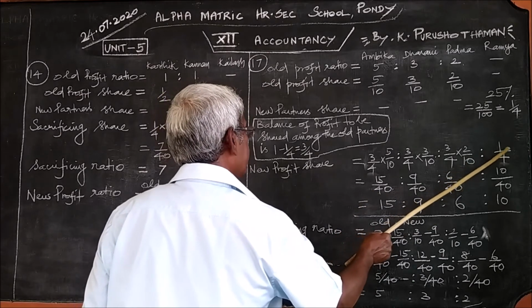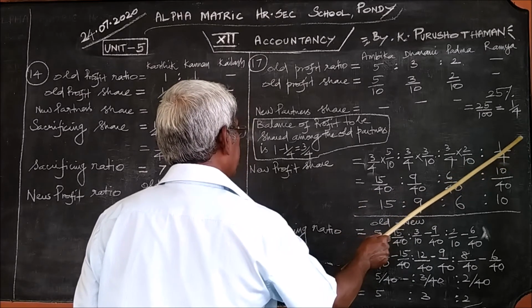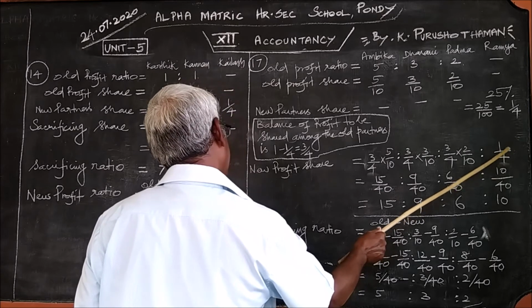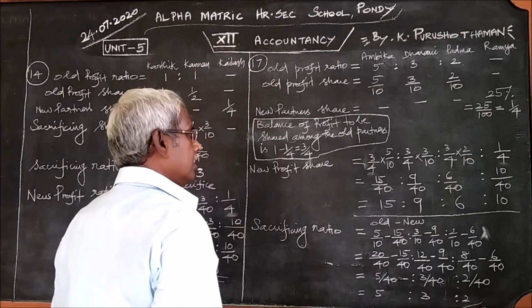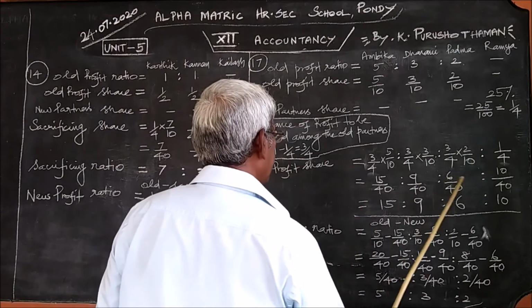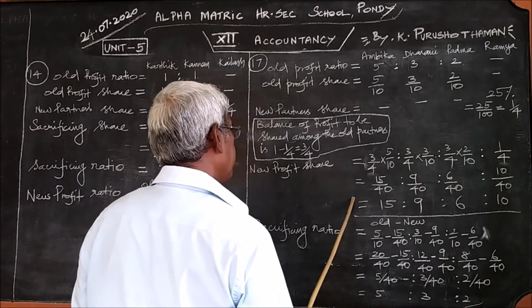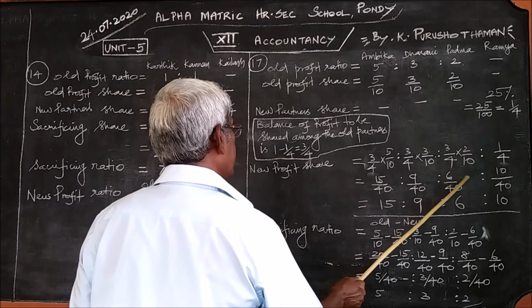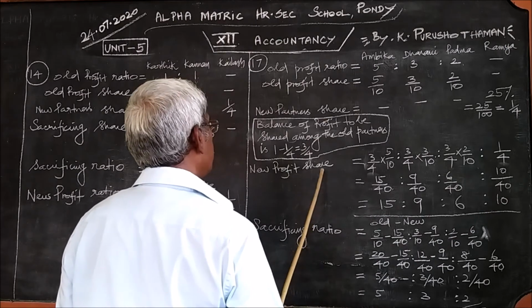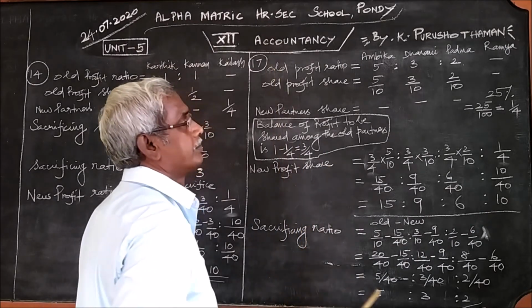So convert this denominator also into 40. Multiply this by 10: 10 into 4, 40. 10 into 1, 10. Now all the denominators are equal, so leave them and write the numerator alone. 15 is to 9 is to 6 is to 10. This is the new profit share.